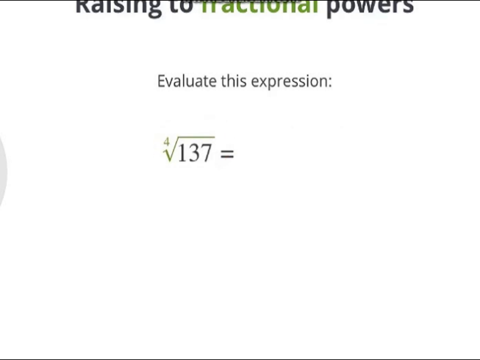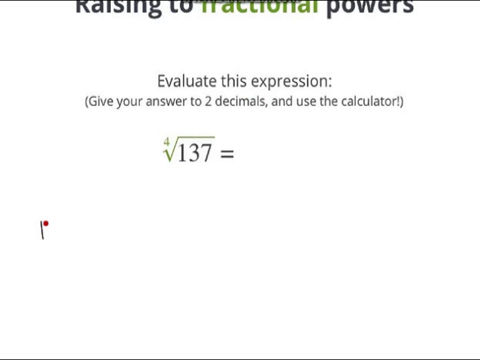The answer here is not a whole number, so you'll want to use the calculator and give your answer to 2 decimal places. Let's first rewrite this root using a power. This is 137 raised to the 1/4 power. Now 1/4 is the same thing as 0.25, so we can rewrite that as 137 raised to the 0.25 power. Try evaluating that using the calculator.